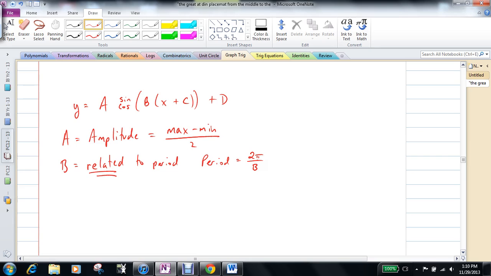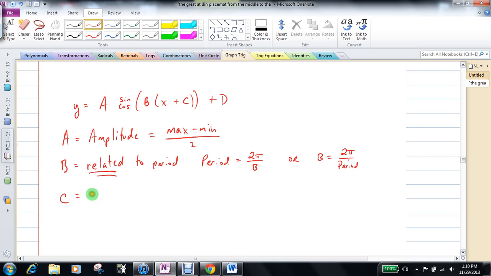Now, of course, that 2 pi is dealing with radians. If we were dealing in degrees, it would be 360 divided by b. And this formula could be converted into b equals 2 pi over the period, based on bringing the b to the other side and then getting the period to the right-hand side.